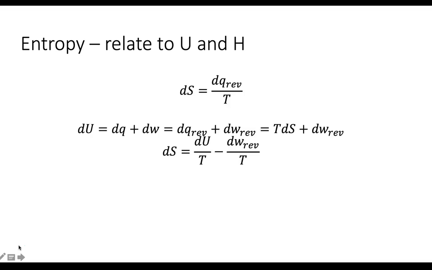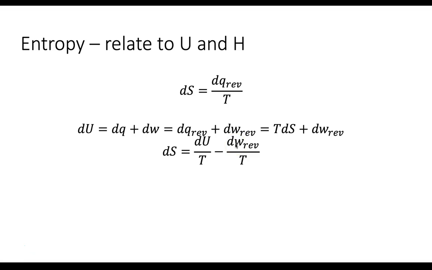And so we'll start with internal energy. Our first definition of entropy is just the heat reversible over T. We know that the change in internal energy is just the heat plus work. It's a state function, so we can define that heat and work in terms of reversible, right? Because it doesn't matter the path for dU.